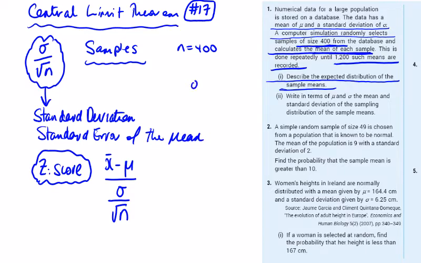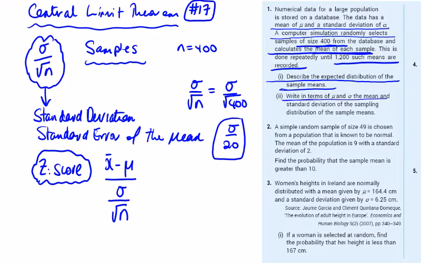So we're going to have sigma over root n as the standard error of the mean. So sigma over the square root of 400 is sigma over 20. So that's all we can do in that first question, in terms of mu and sigma, the standard deviation of the sampling distribution of the sample means.